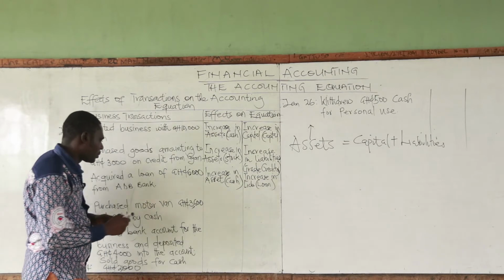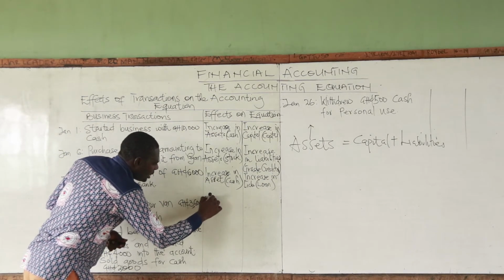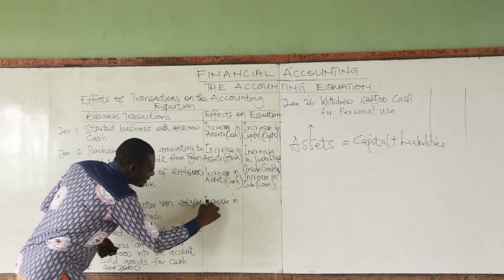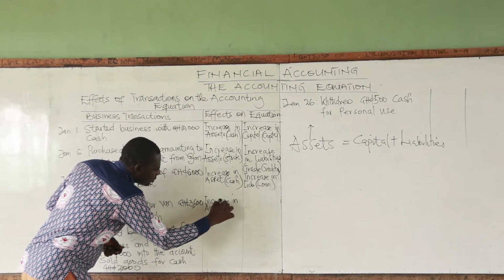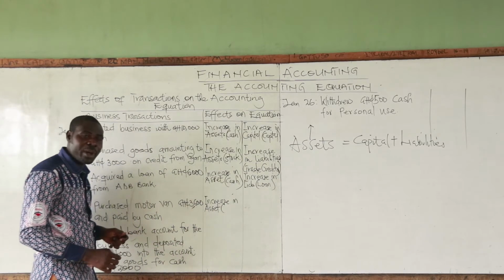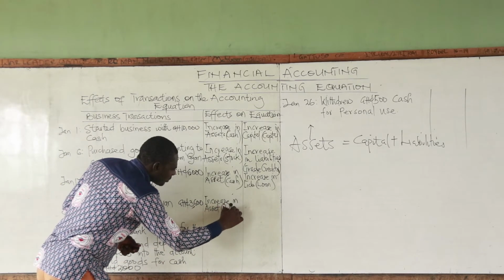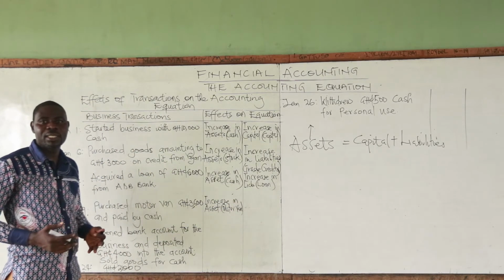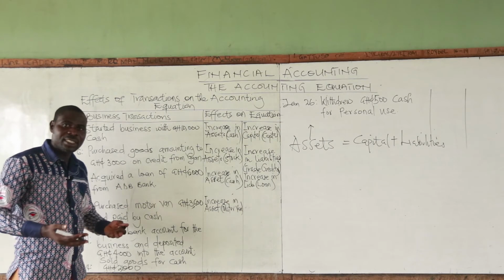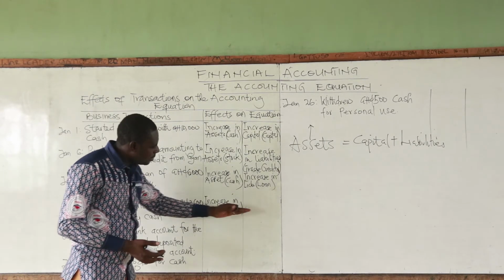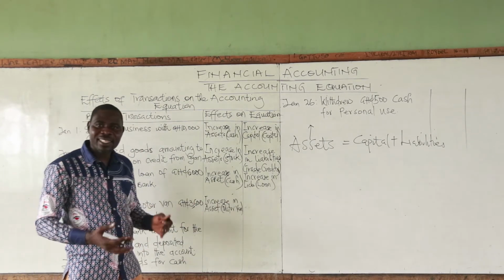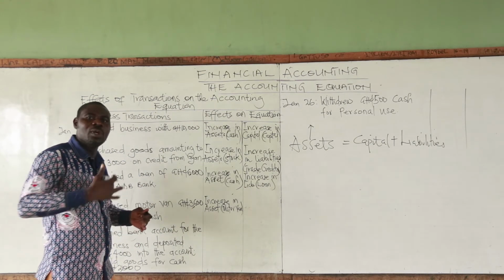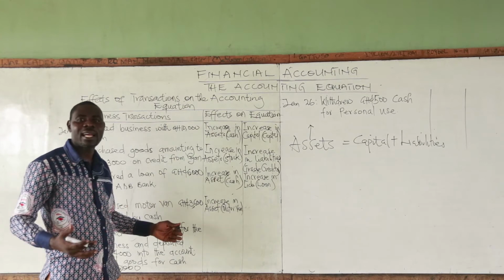So here, there will be an increase in assets. And what asset are we talking about? Motor van. Because the motor van is coming into the business and it's an asset, it will increase our assets. Then also, another asset will leave, and that asset is cash.